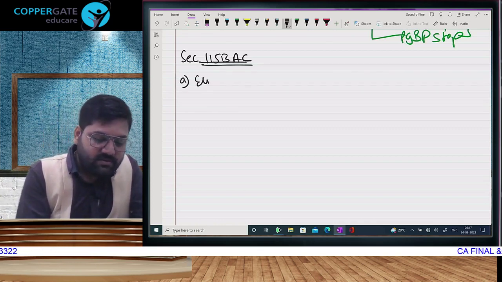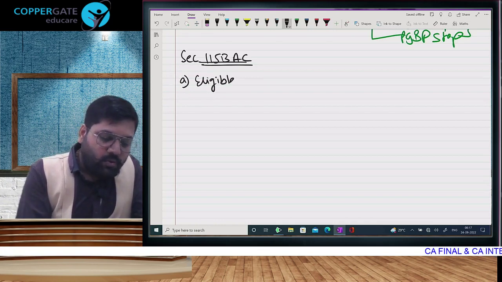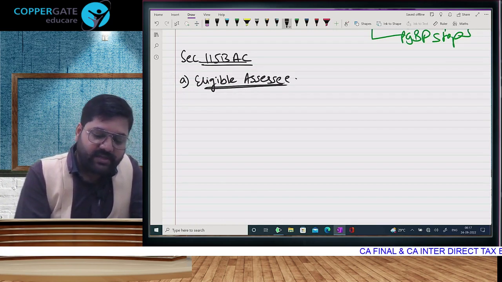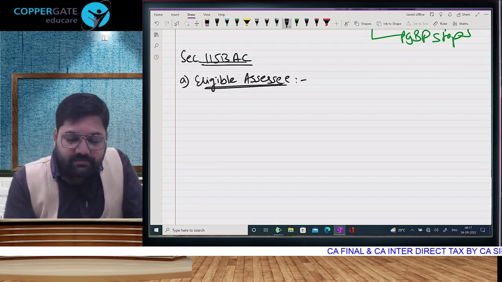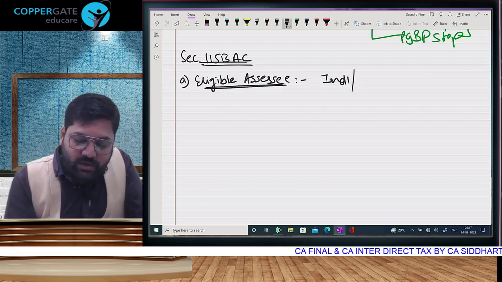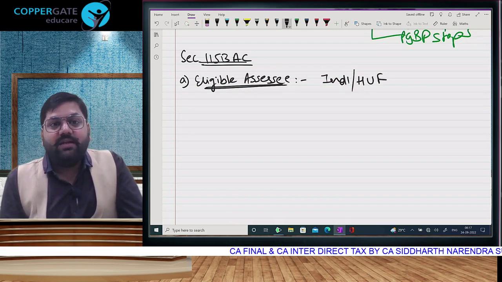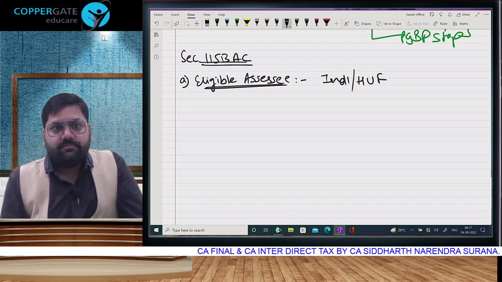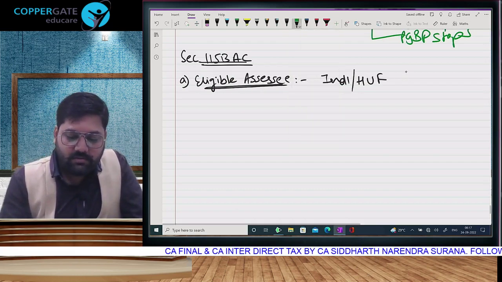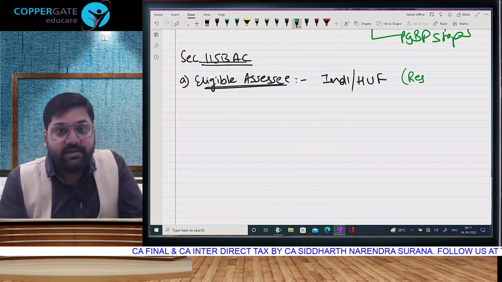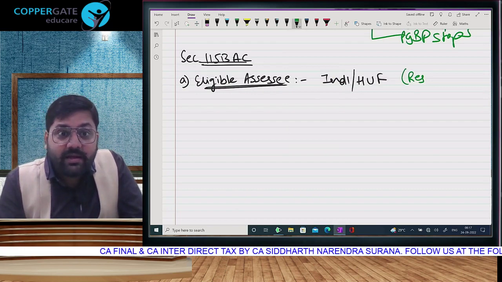First, who is the eligible assessee for this section of the new taxation regime? If you say individual, HUF, you are right, but you are incomplete. Is it resident only?